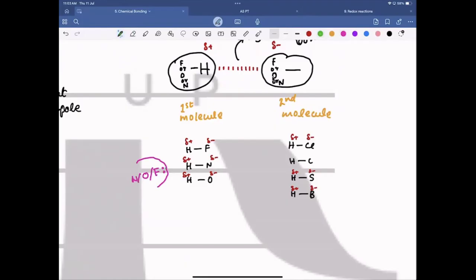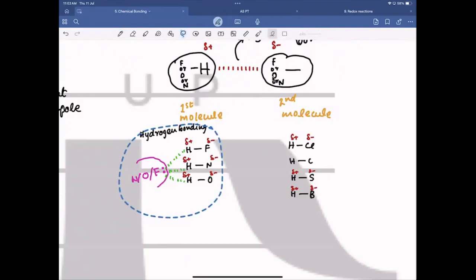If this fluorine is attracting this hydrogen through its lone pair, then yes, this is an example of hydrogen bonding. There should be a lone pair present. Obviously, if fluorine, oxygen, and nitrogen attract, they attract with the lone pair. Okay, sir. So yes, there is hydrogen bonding present.